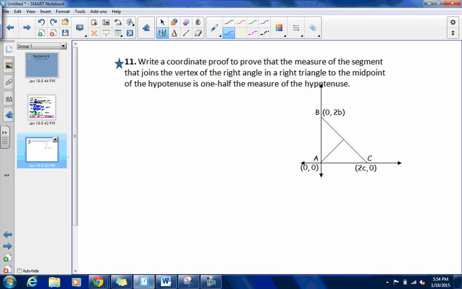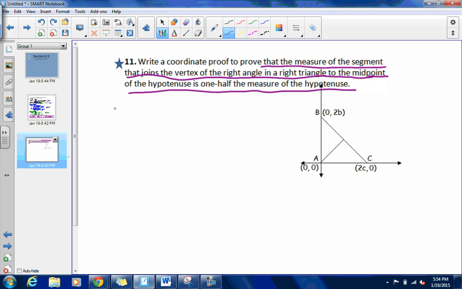The next proof is given, I'm trying to prove that the measure of the segment that joins the vertex of the right angle in a right triangle to the midpoint of the hypotenuse is 1/2 the measure of the hypotenuse.